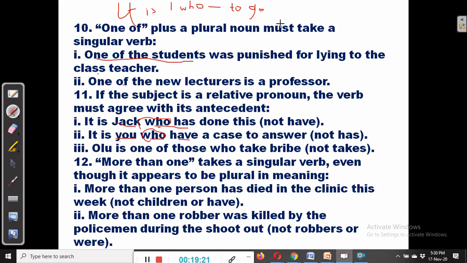Alright. Okay, so it is I who dash to go in.